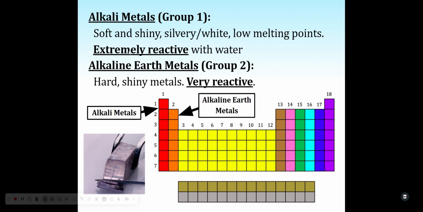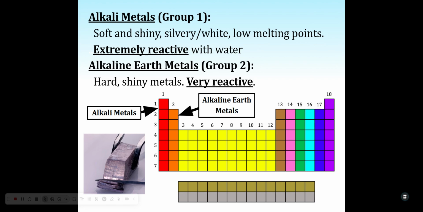Okay, they're soft and shiny, silvery and white with low melting points, and they are extremely reactive with water. Later on, I'll show you a video of sodium going into water. It's really interesting what can occur. So, when we say extremely reactive, we are not lying.